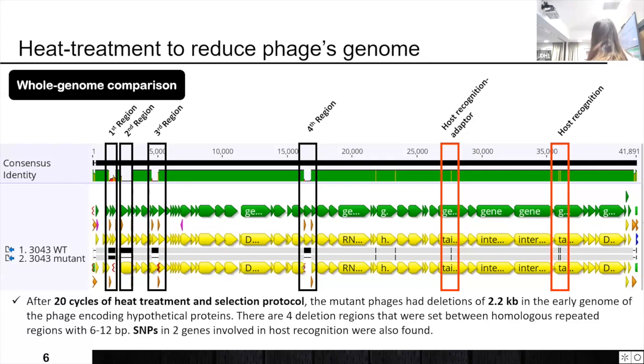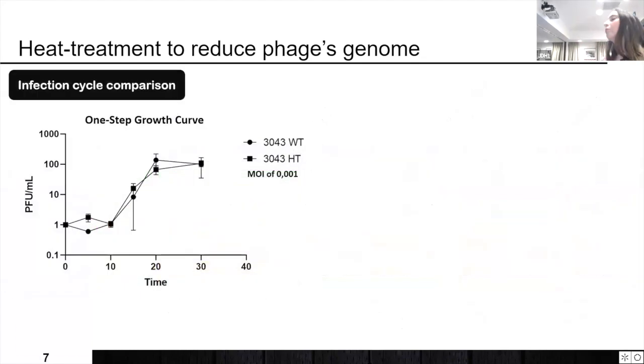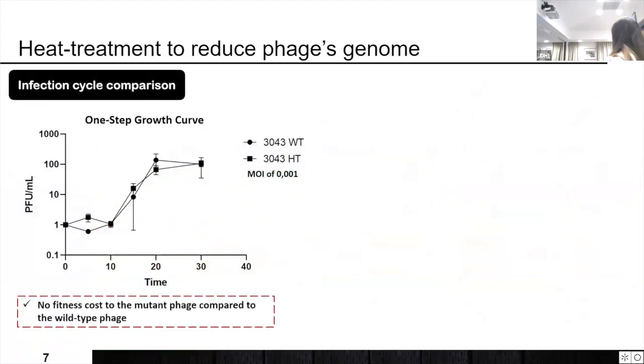And in red, you can see the spots where we found SNPs in 2 genes involved in host recognition that we could find.